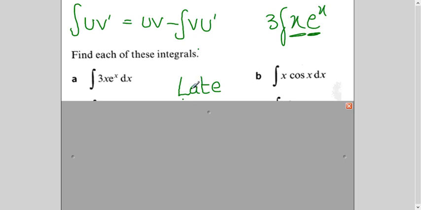If that is also not there, then trigonometry has third preference, and then exponential has fourth preference. Right now, I have exponential and I have polynomial, algebra. So algebra has priority over exponential. So my u will be x and my v prime will be e^x.